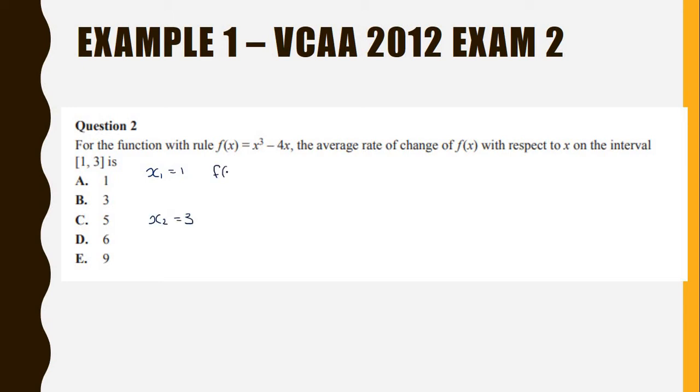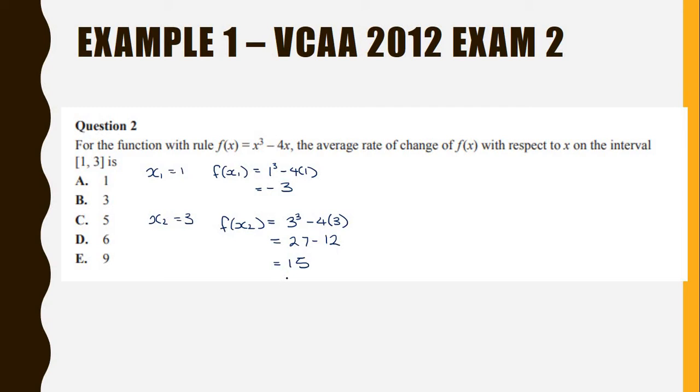So to find f of x1, that means I'm substituting 1 where the x is, so I'll get 1 cubed minus 4 times 1. 1 minus 4 gives me negative 3. And then f of x2, so we sub in 3. We've got 3 cubed minus 4 times 3, so that will give us 27 minus 12, which would give us 15.